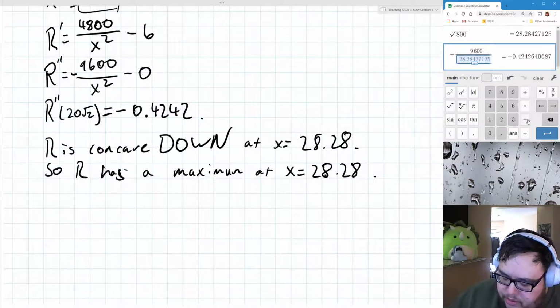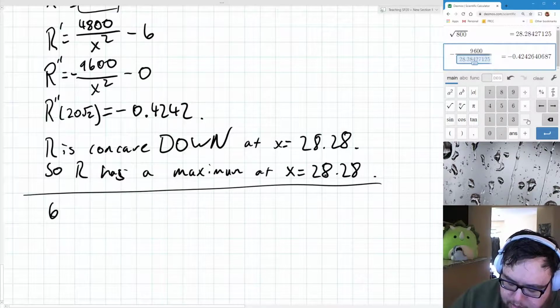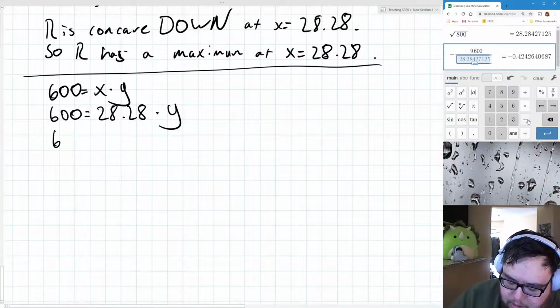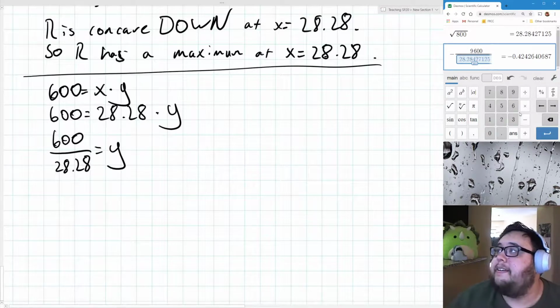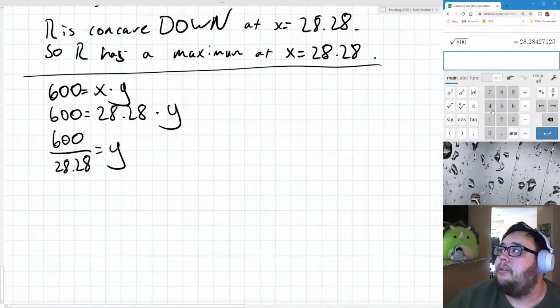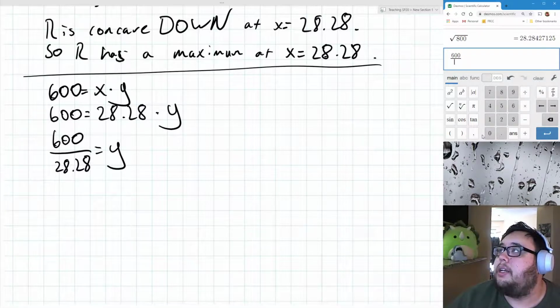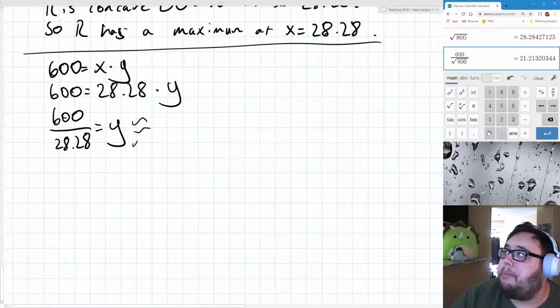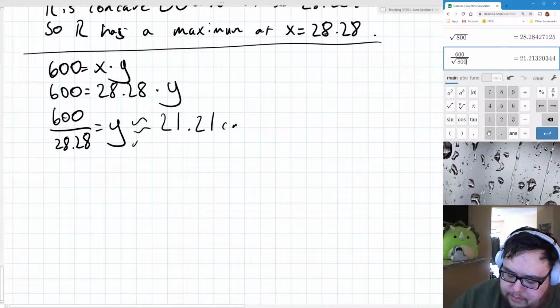So we need the dimensions. We know that 600 is equal to x times y. So 600 is equal to 28.28 times y. So 600 over 28.28 is equal to y. So 600 divided by the square root of 800 means that y should be about 21.2 centimeters.